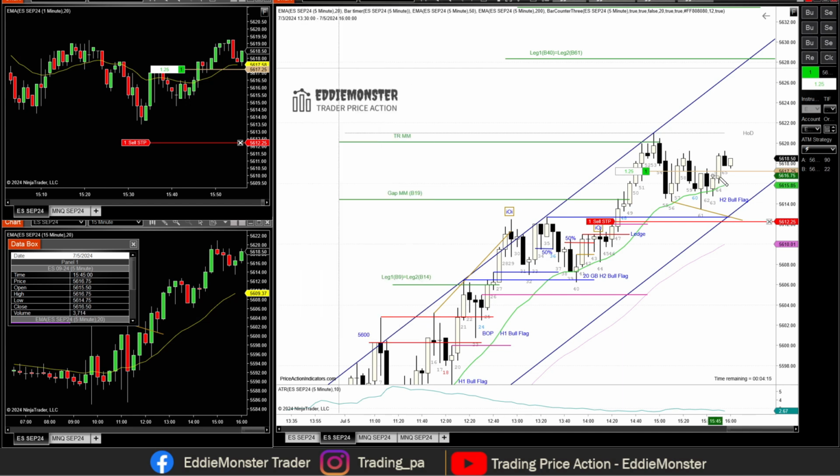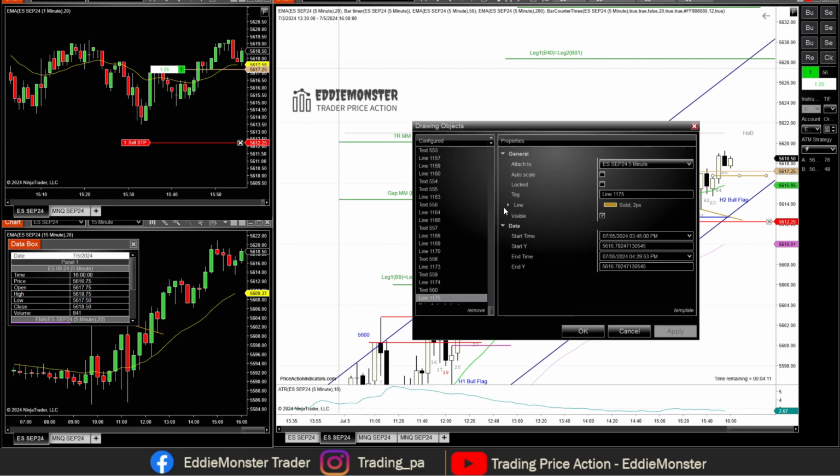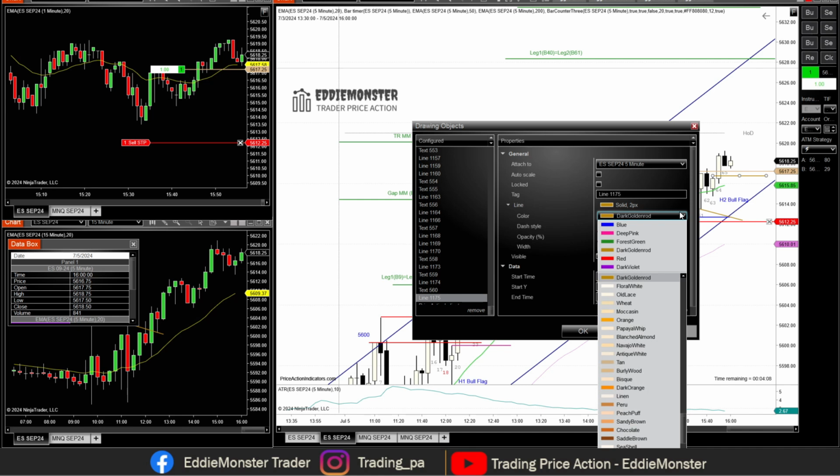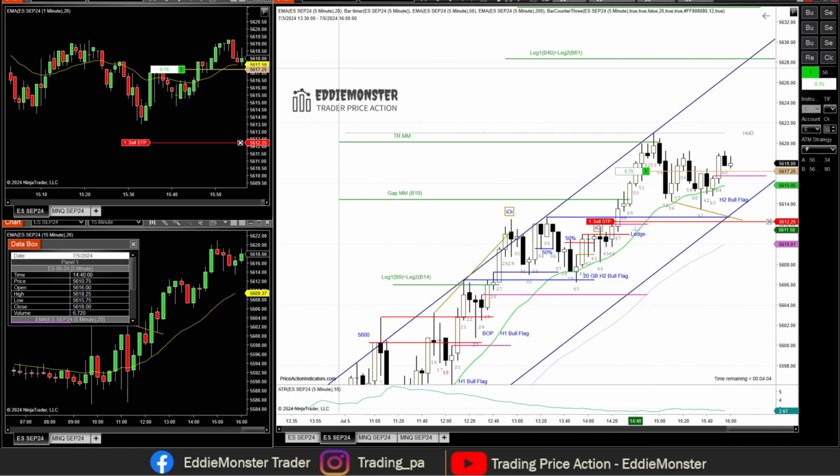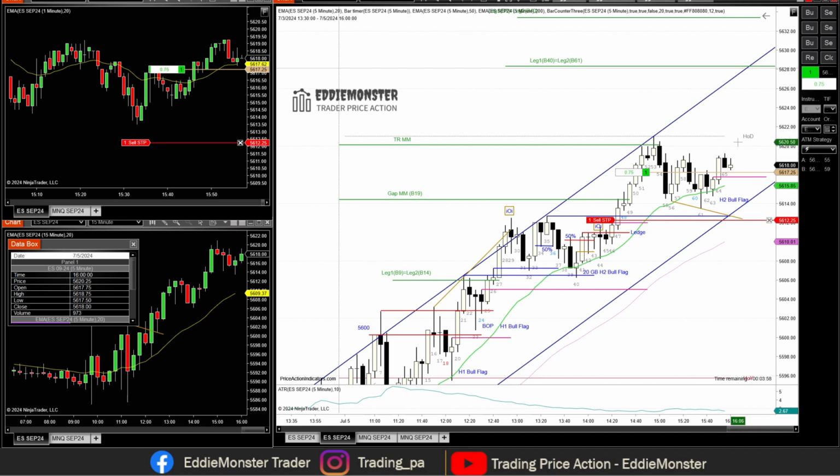So here we have a micro gap open. That's what we expect when we wait for trend resumption. Each time that we have a micro gap open, we have a spike. So now if we keep that micro gap open, we expect a spike up, making a new high. That's what we're expecting now.